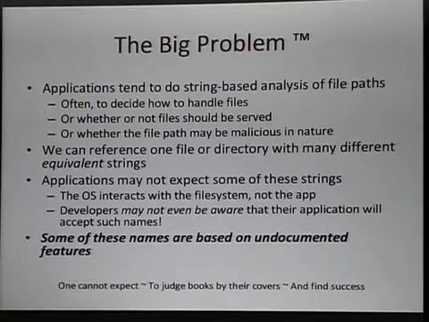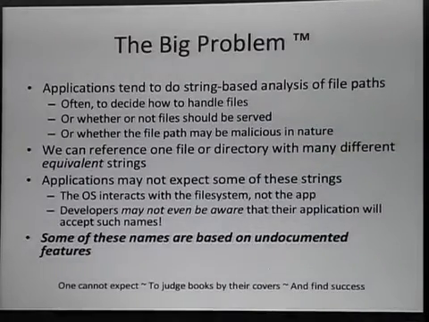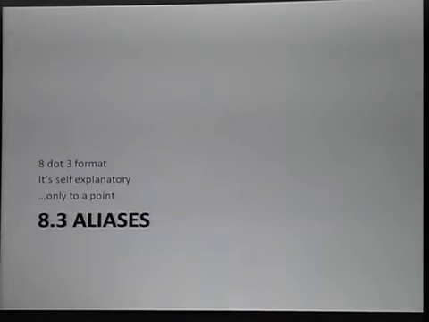And applications might not expect some of these strings because, well, I guess you'll see soon enough. Some of these are based on undocumented features, some of it's just weird stuff, and some of it's coming back to what usually bites Windows in the ass in terms of security, which is backwards compatibility. So let's start out with that.